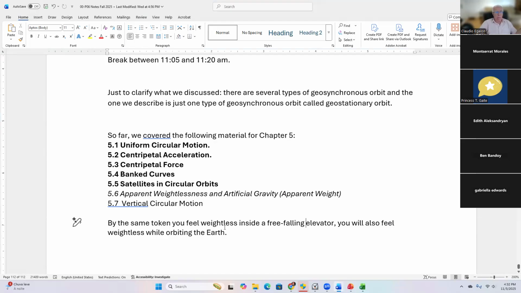It's possible to replicate this free-falling sensation with, for instance, an airplane. It's possible to do that, okay?